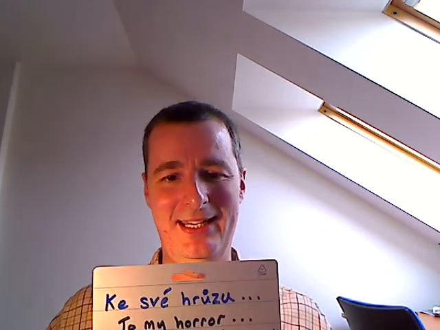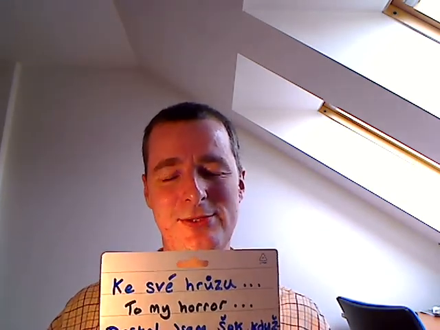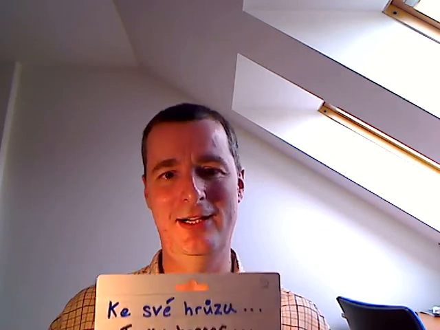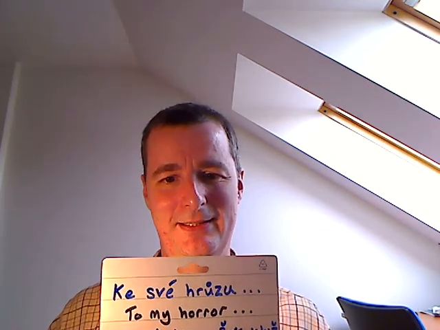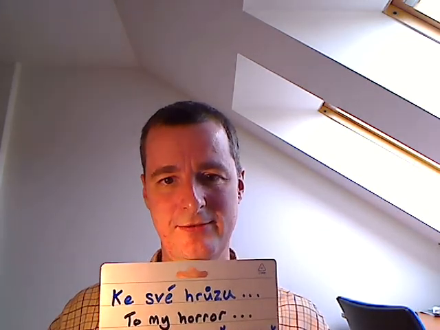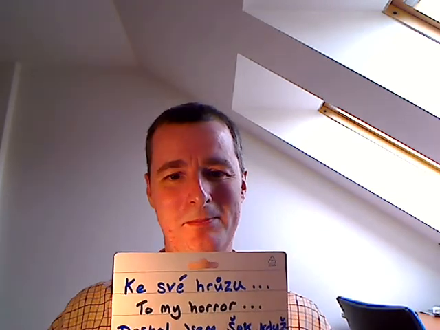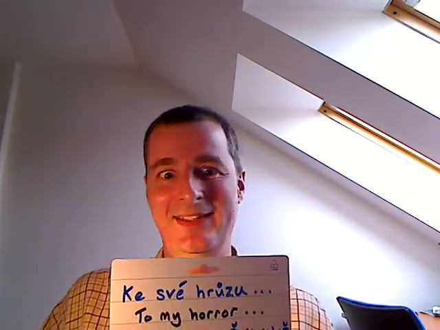So in no particular order here. Here's just a random example of them, and I encourage you to look up more of your own. So, ke své hrůze, to my horror, ke své hrůze, můj šéf řekl, že já musím pracovat příští víkend.